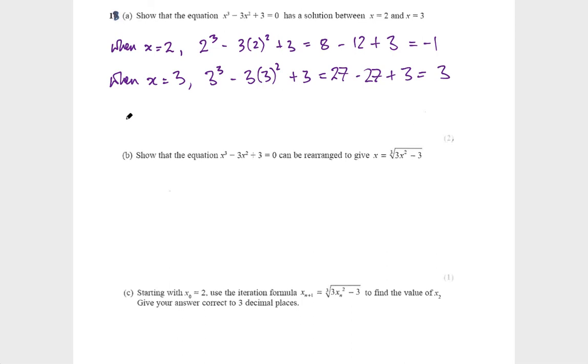So there is a change in sign. You can say this. It goes from, when x equals 2, it's a negative result.